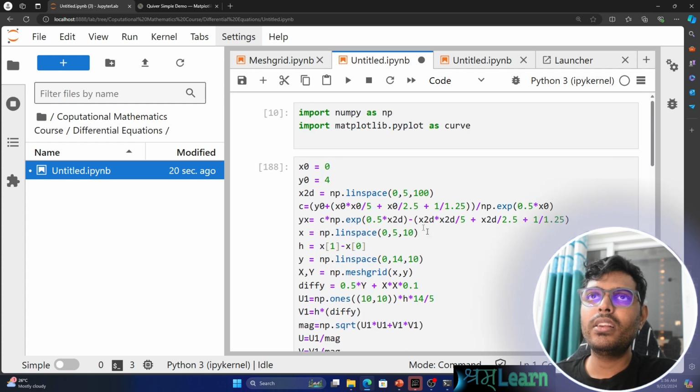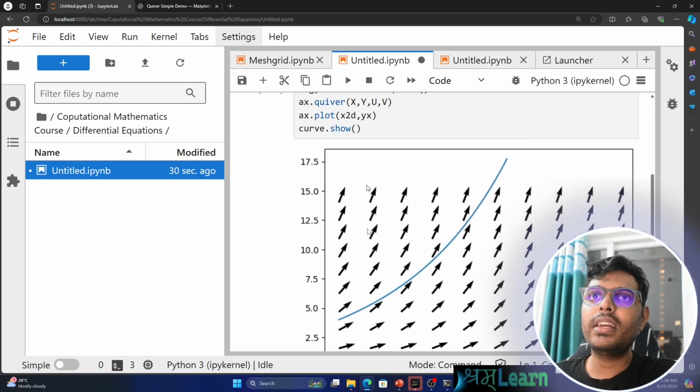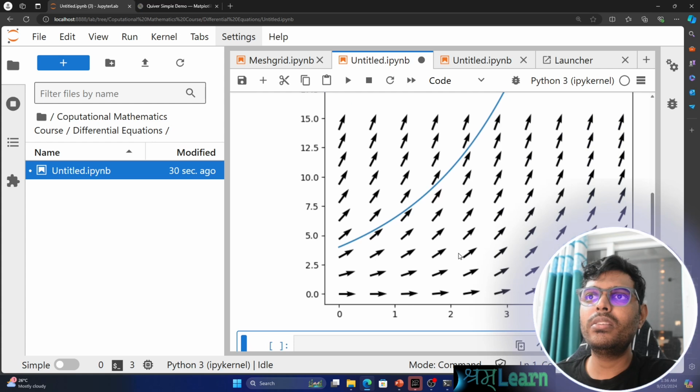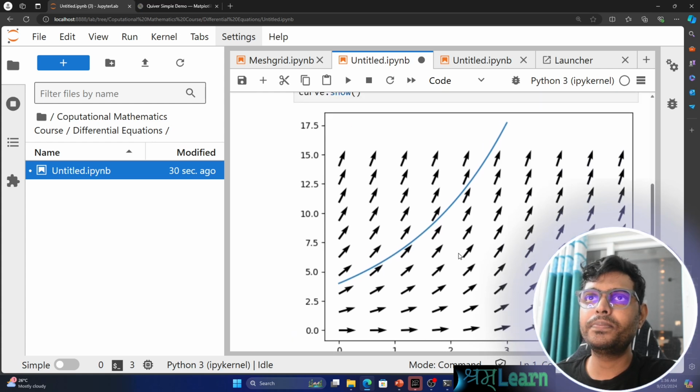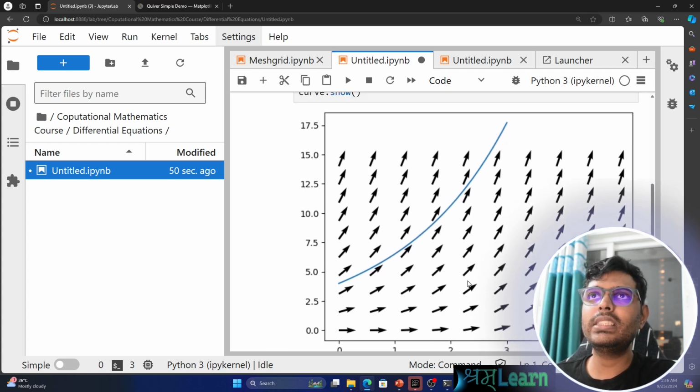Okay, in x we don't want to plot it till 5, we can reduce it to 3, and again you can see that the curve value is almost tangential. So you can see that the direction field vectors are almost tangential, but again the scale has changed.